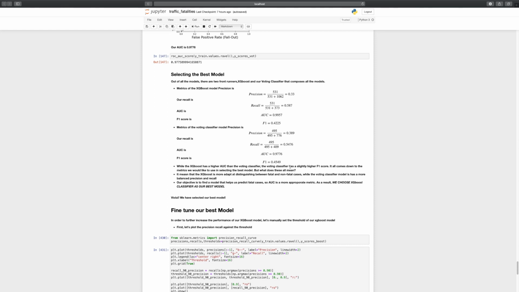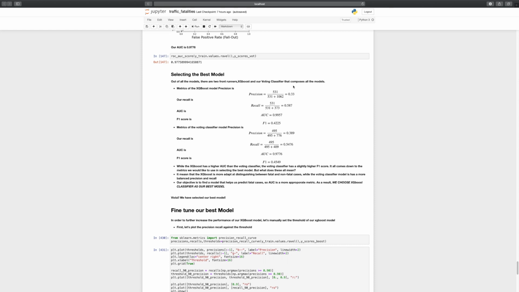So how do we choose our best model? Well, it depends on our objective here. The objective of our case study is to be able to distinguish between the fatal and the non-fatal cases. This means that a model that is able to distinguish between these two will have a better chance of being a good model.